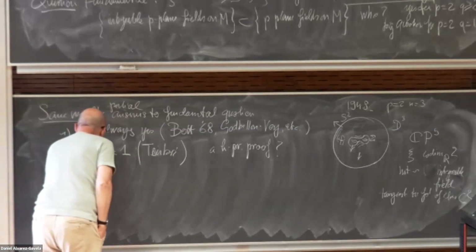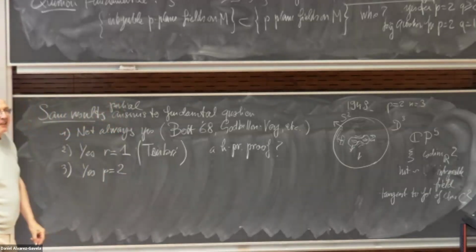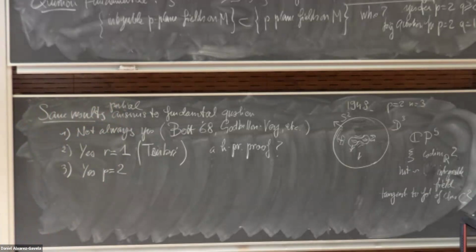Always yes for p equals 2. It turns out that for a two-plane field, there is never an obstruction to homotopy to a smooth integrable two-plane field. So what does it mean to have a C0 foliation? Oh, it's a complicated concept.